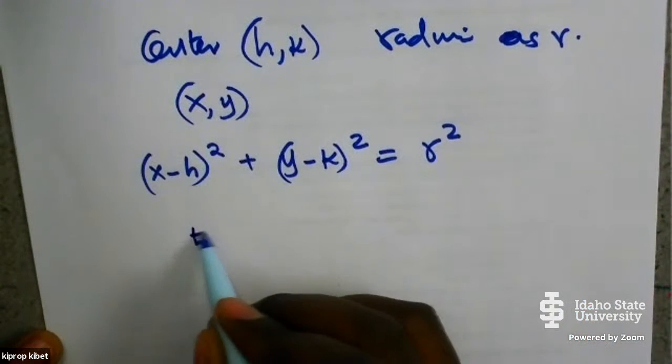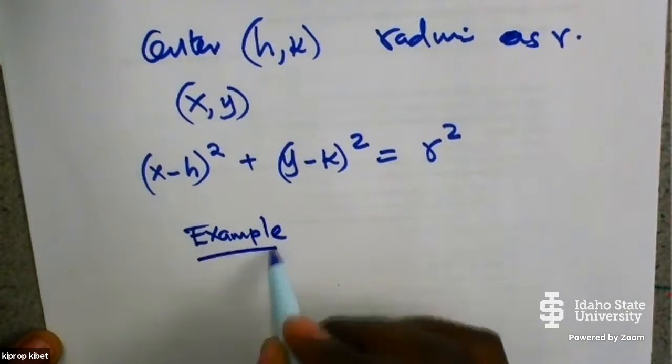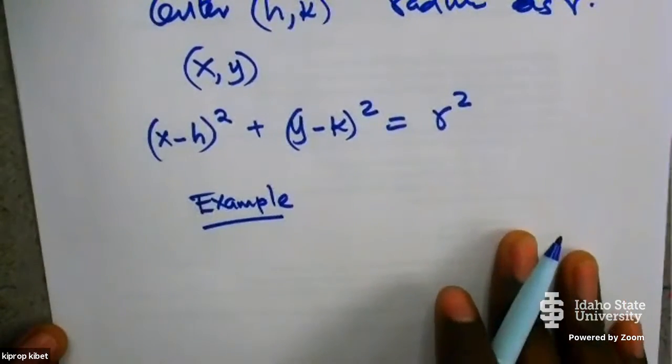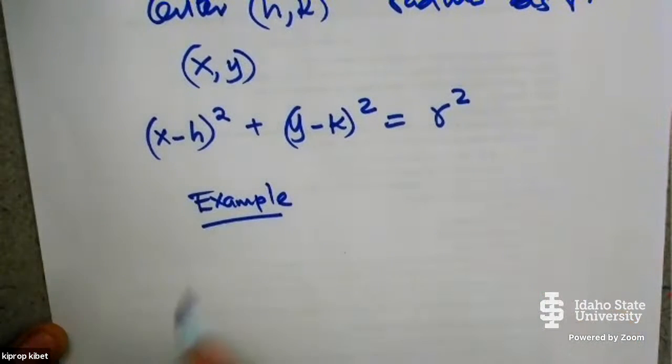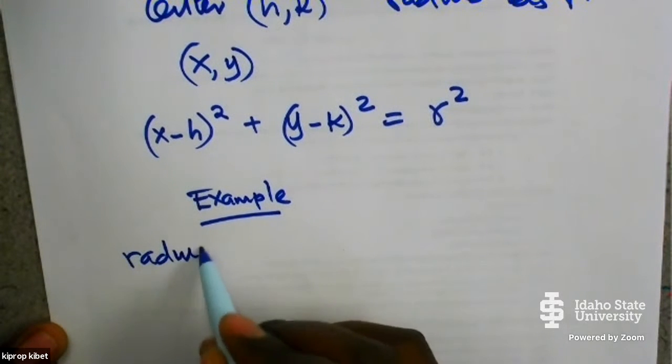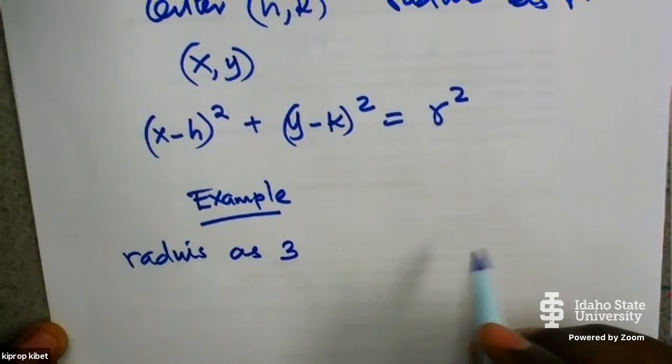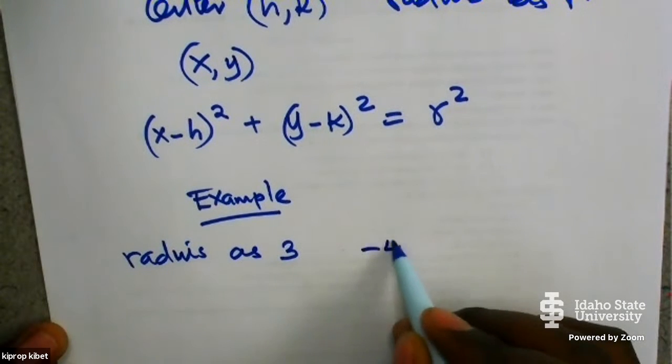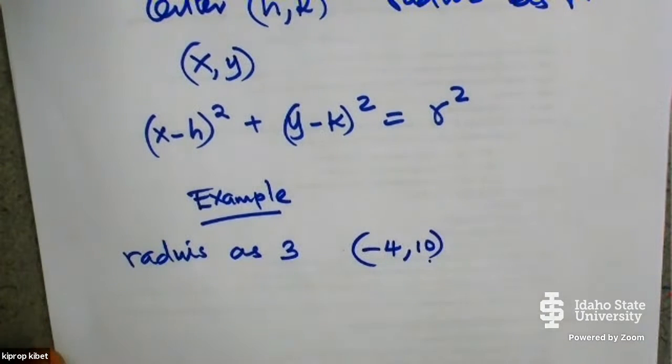Now, example. We're given the radius as 3, and the center as (-4, 10). Write the standard form of the equation of the circle. So using this formula, we have the point h and k. We choose another point x and y, and then we write the equation of the circle.